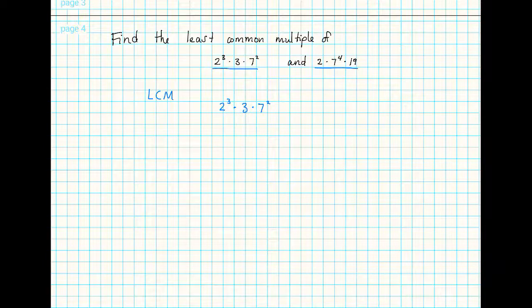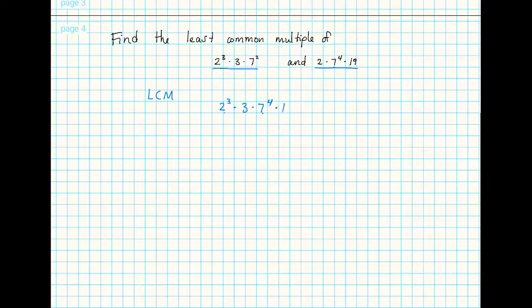Okay, in order to be a multiple of the second number, I need at least 1 factor of 2. I've already got that covered from what I've written down from the first number. I need 4 factors of 7. Here I've written down 2 factors of 7. I need at least 4 factors. Okay? And I need a factor of 19.